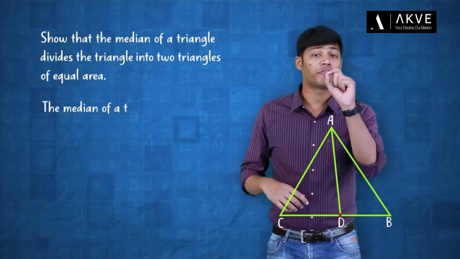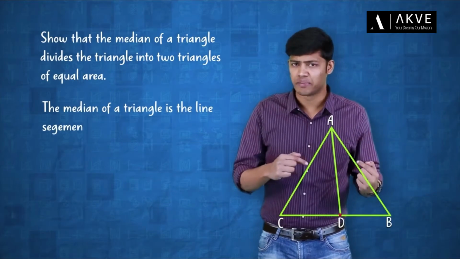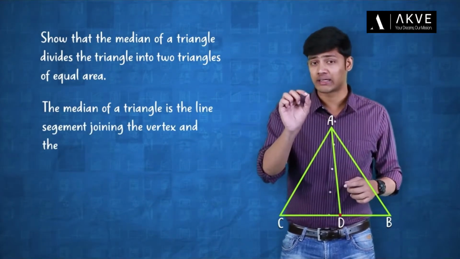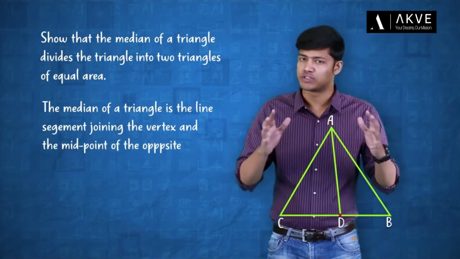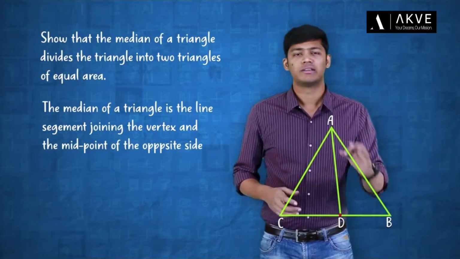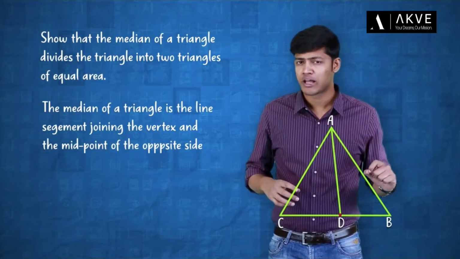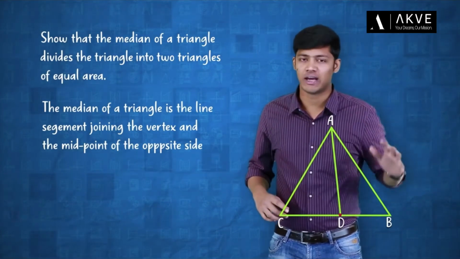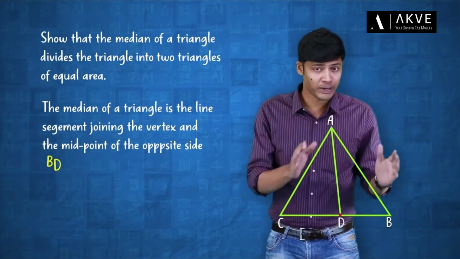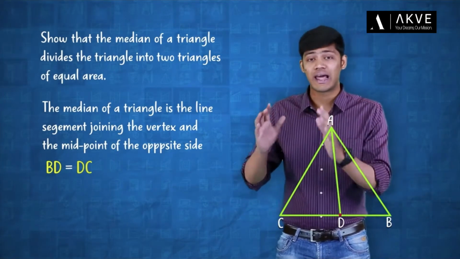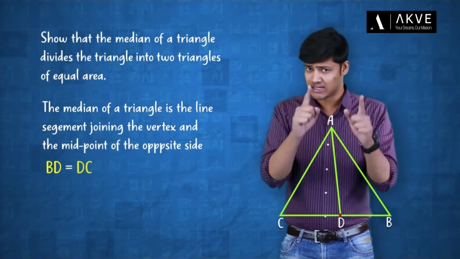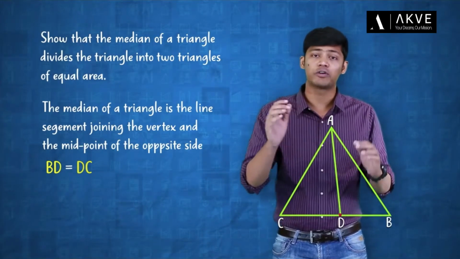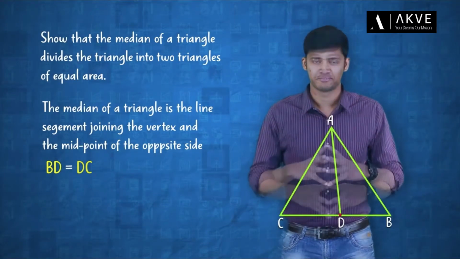The median of a triangle is a line segment joining the vertex and the midpoint of the opposite side. There are three medians in a triangle. For example, in the triangle ABC, if AD is the median, then the length of BD will be equal to the length of DC, since D is the midpoint of the line segment BC.